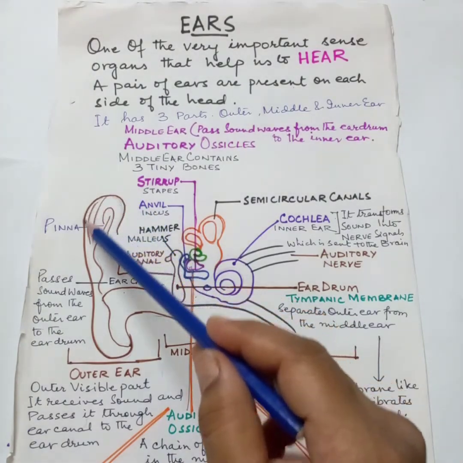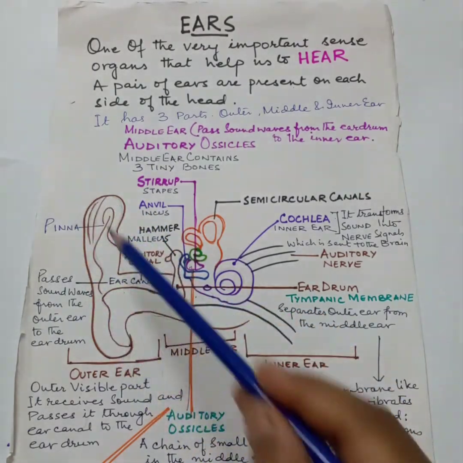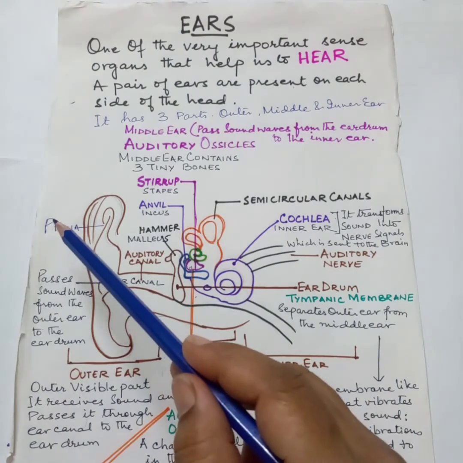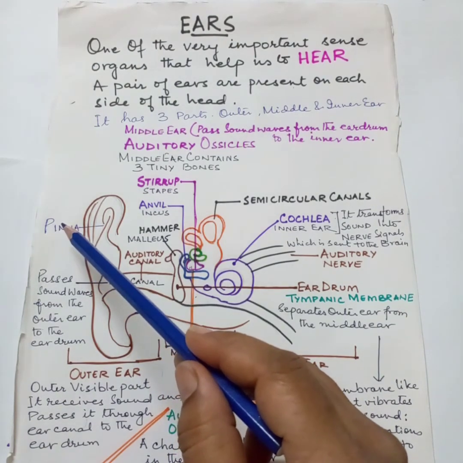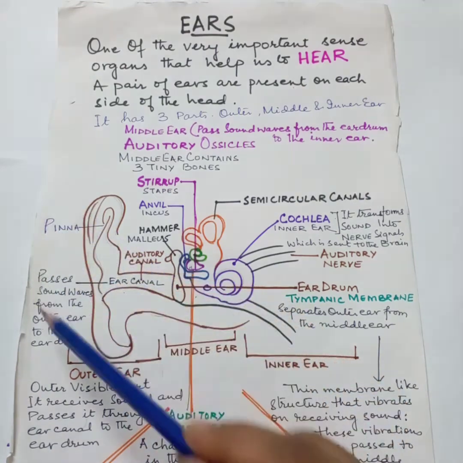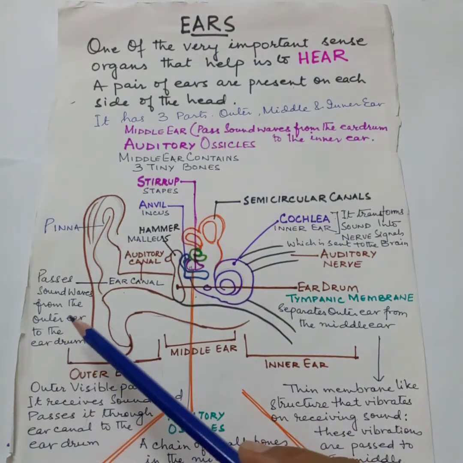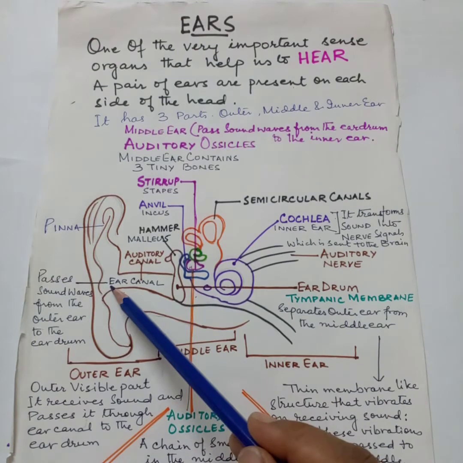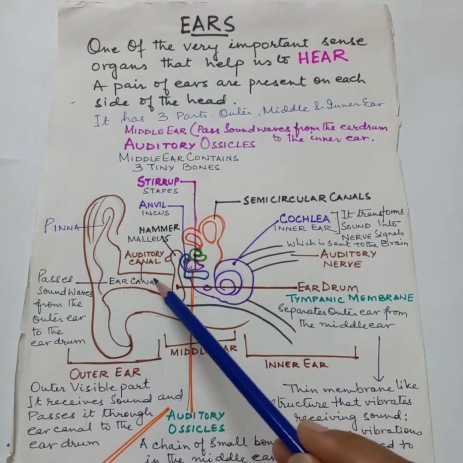The outer ear consists of the visible part, that is the pinna, which collects the sound waves and passes them on to the ear canal.